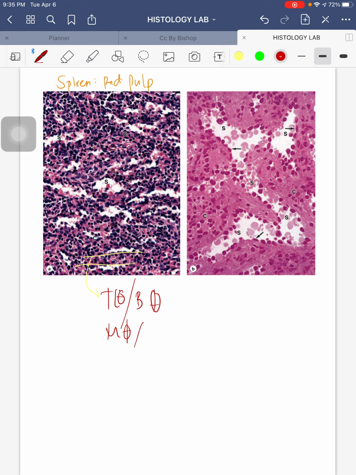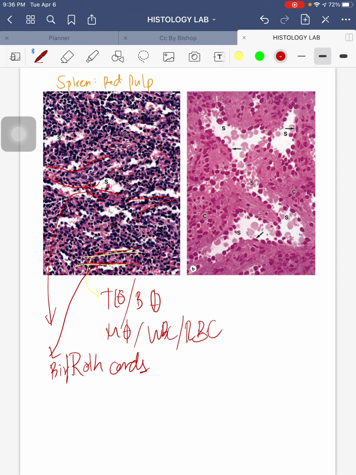You also have leukocytes or WBCs and your RBCs. They're running within these cords. These are Billroth cords, these cord-like structures. I hope you're imaginative enough to see it.